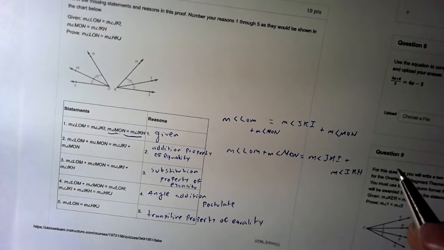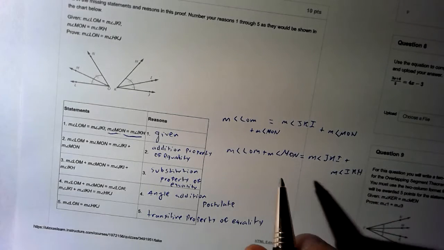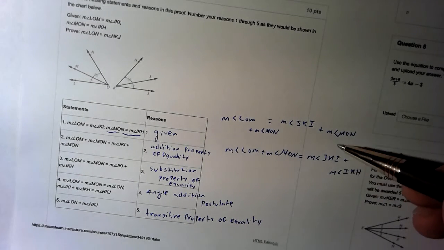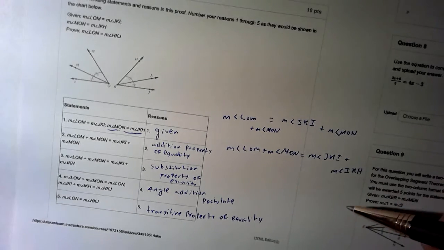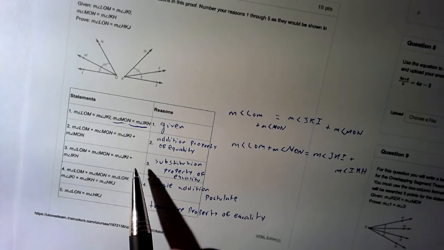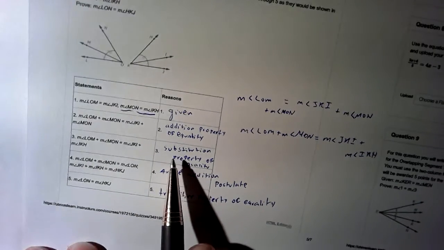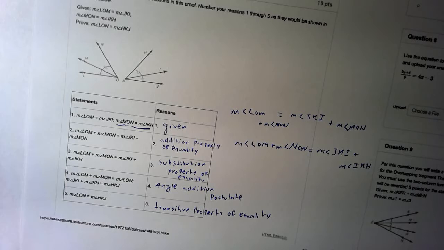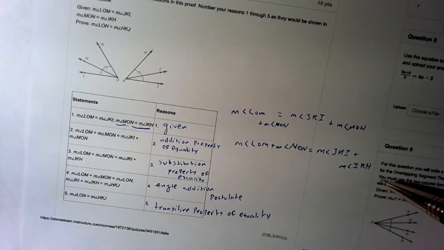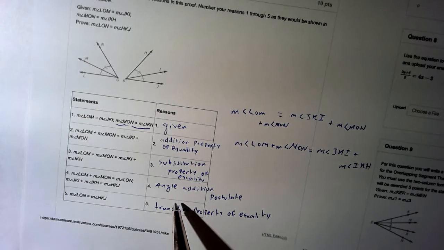So that was just a simple substitution. But I wanted you to see how these statements are connected, how they go from one to the next and then to the following one. So that one is for number 3. The justification is the substitution property of equality. We substituted measure of MON with measure of IKH. So we got that one.